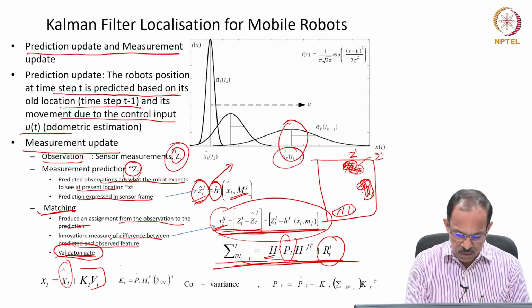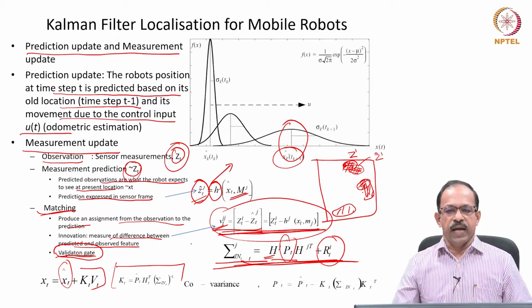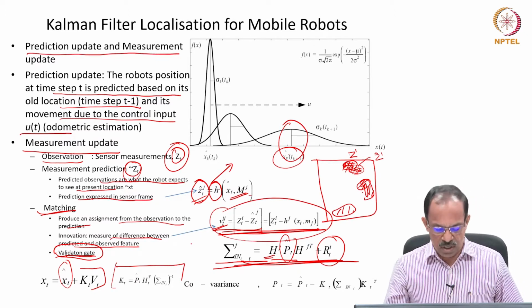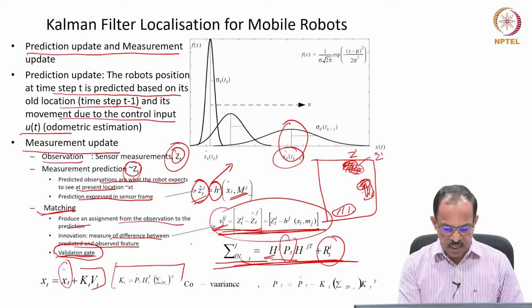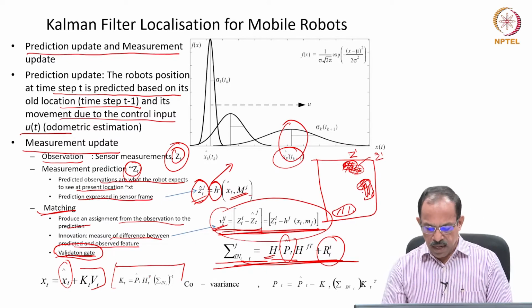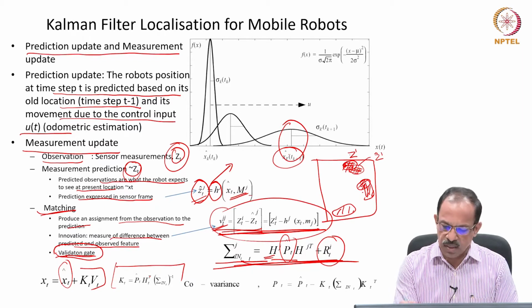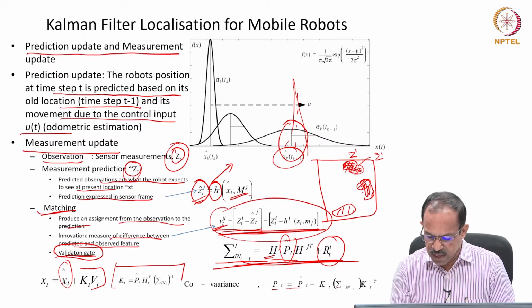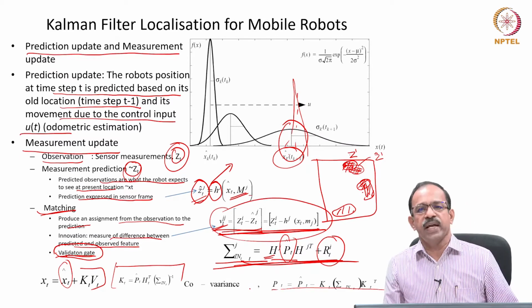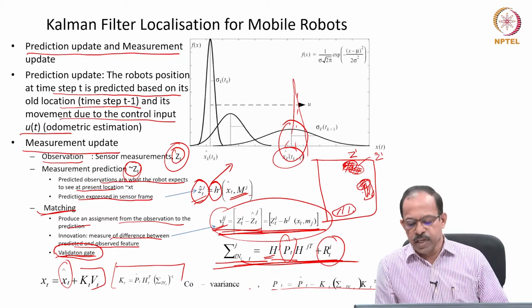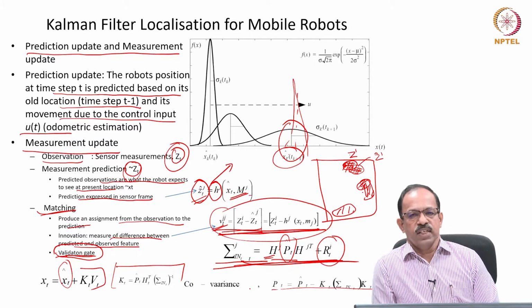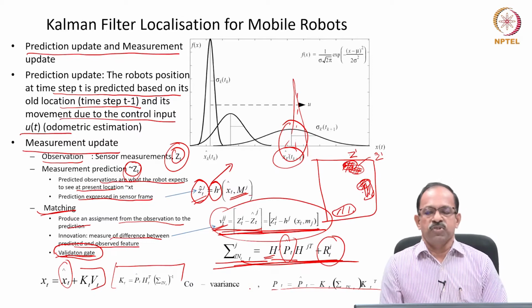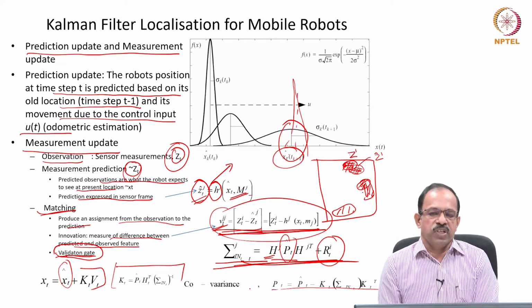And then you have this Kt, the Kalman gain, which can be written as Pt hat Ht transpose sigma innovation inverse. So that is basically the Kalman gain, and then the covariance of the new estimated position, which will be somewhere here, is obtained like this: Pt hat minus Kt sigma innovation Kt transpose. So that is the way we get the new position estimate as well as its covariance.